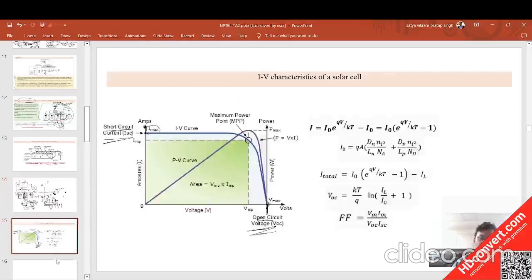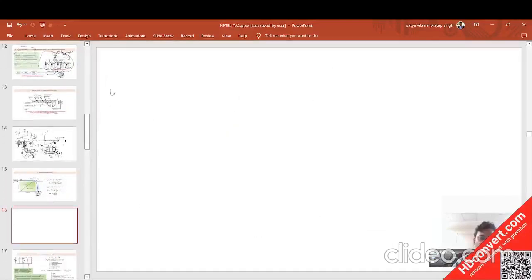What I mean to say is that the length of the P side was initial, and the length of the N side was initial. After that I have increased Lp' and Ln', the length got increased.